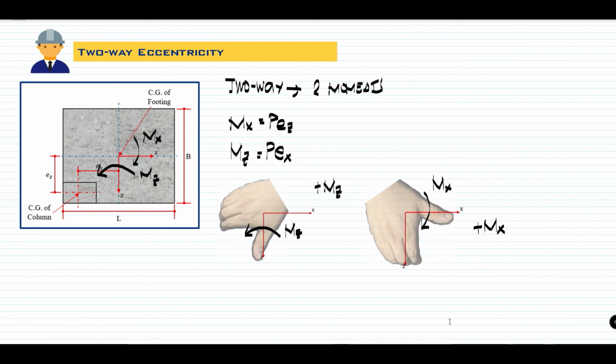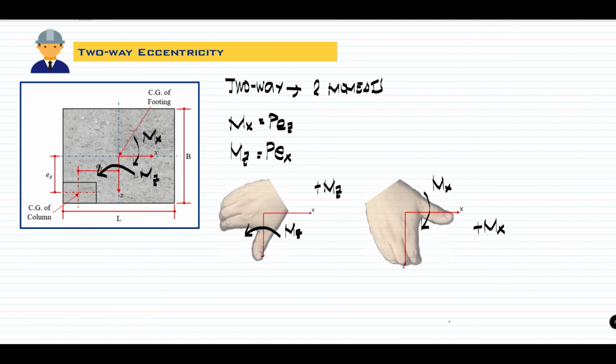Napakahalaga nito kasi magagamit natin dito kung nasaan, kasi minsan ang binibigay lang sa problem is positive moment yung ganito pero hindi niya idinodrawing. So napakahalaga na alam natin kung nasaan yung positive or ano yung rotation ng positive, kasi kapag kumukuha na tayo nung pressure or yung bearing pressure para dun sa pan-design natin, alam natin kung nasa ng Qmax, nasa ng Qmin.